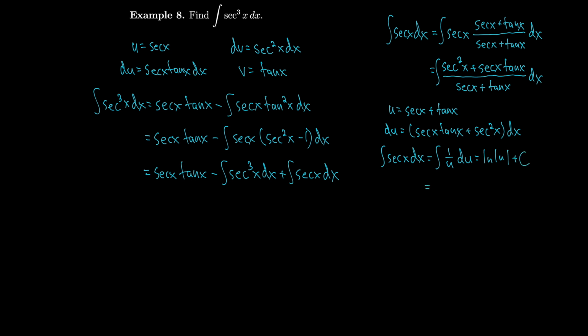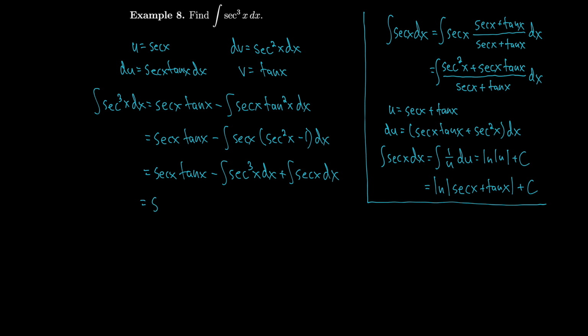So that means that this thing is equal to ln of the absolute value of secant plus tangent plus c. So I knew to multiply by secant plus tangent because I knew that that would be my answer. So let's put this all off to the side. And let's go back to our integral.